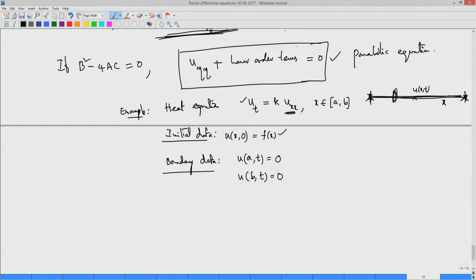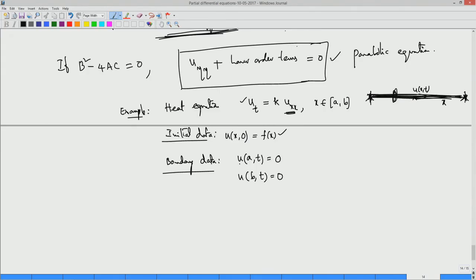All along the lateral sides, heat is not dissipating. That means it is insulated all along the rod, so that heat is dissipating only in one direction, along the x axis.